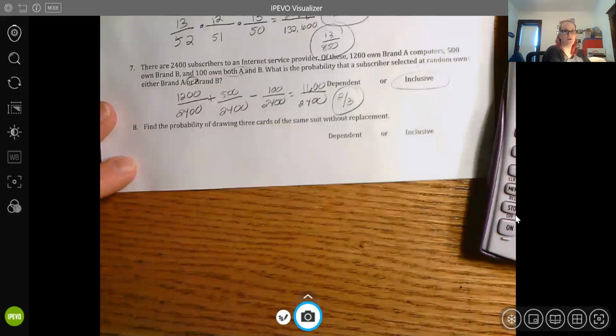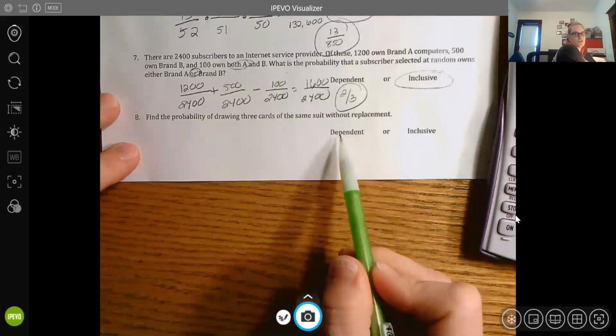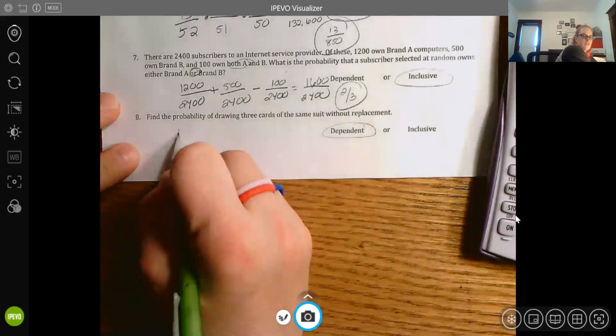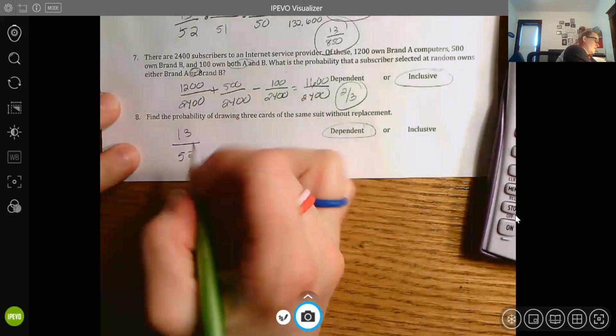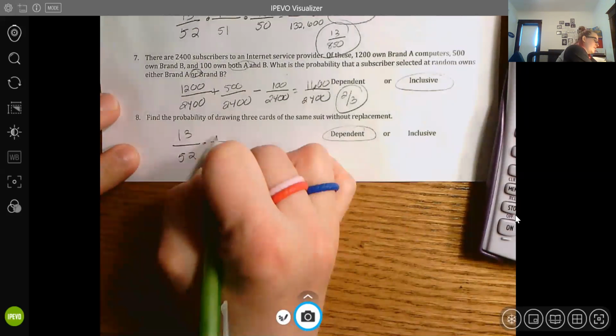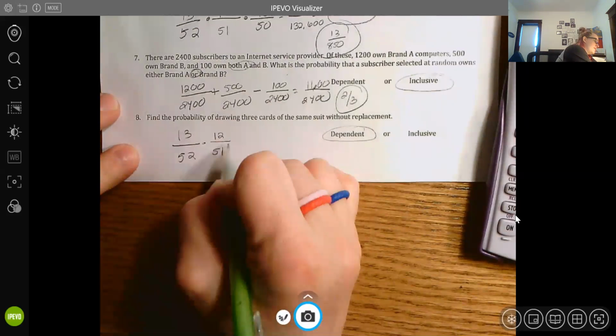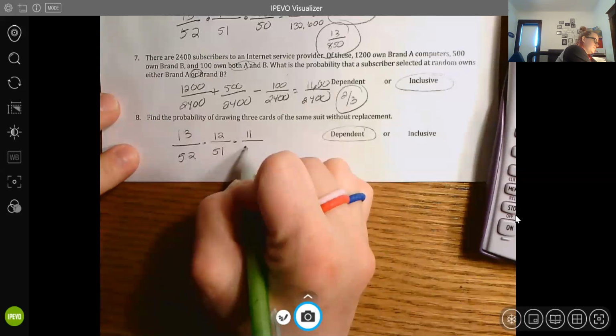All right, so find the probability of drawing 3 cards of the same suit without replacement. Perfect. If they're coming from the same suit, there's no second choice here, so it's dependent. It doesn't matter what suit it is, all of them have 13 out of 52. I pick one and I only have 12 left in that suit, and I have 51 cards left. I'm picking a third one, I have 11 over 50.